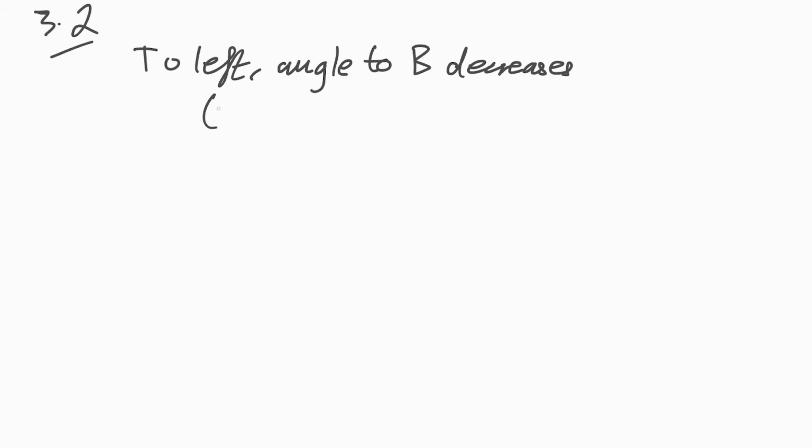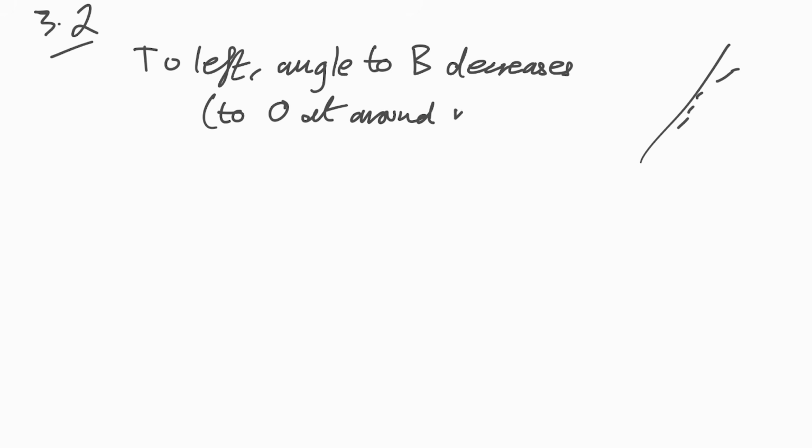Right. Okay. That's easy. So, to the left, we can say that angle to B decreases. It even decreases to 0 at around midpoint because it's falling in line with the magnetic field line.